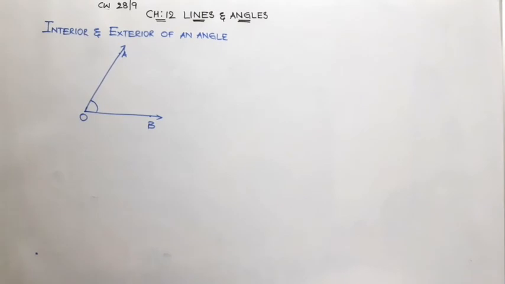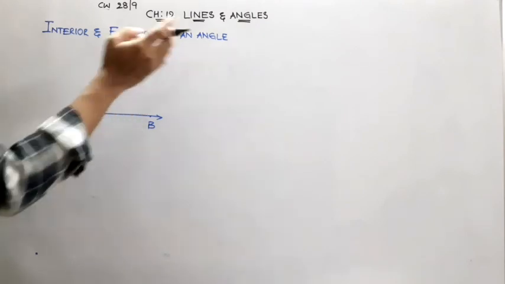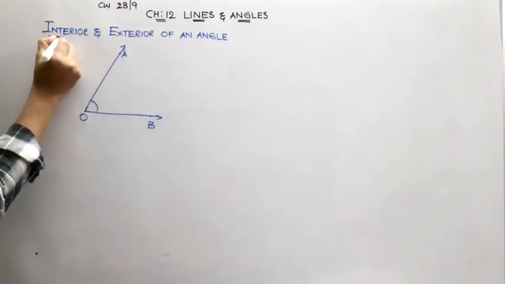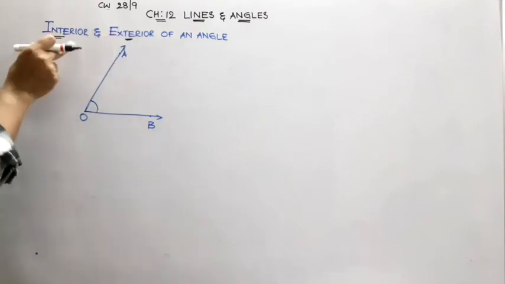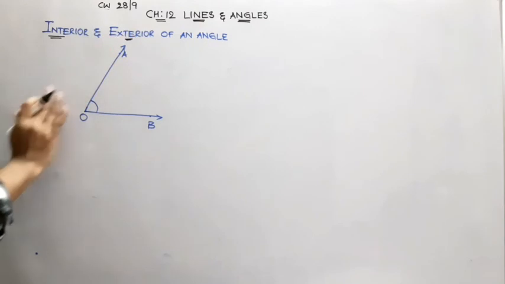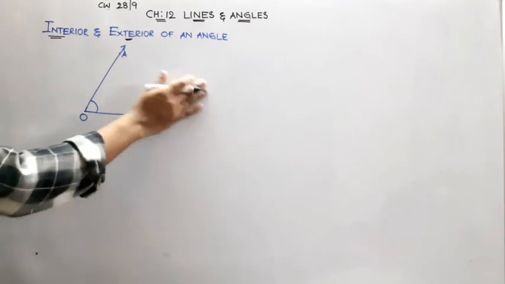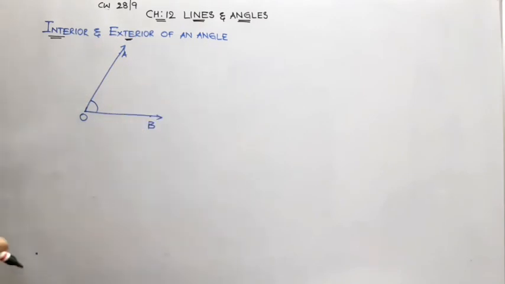So, the final and very simple concept, children. We dealt with what exactly an angle is. Now we are going to understand what the interior and exterior of an angle are. Interior means inside, exterior means outside. This concept is going to be useful for 6th class also.